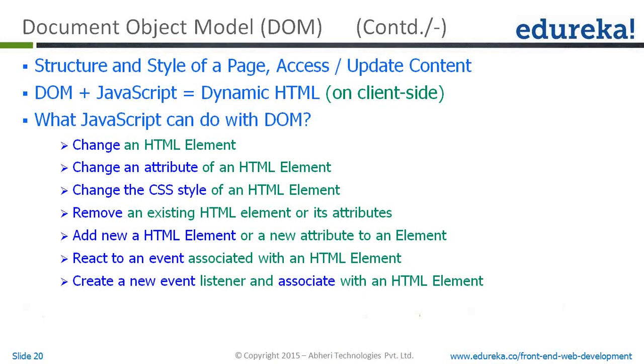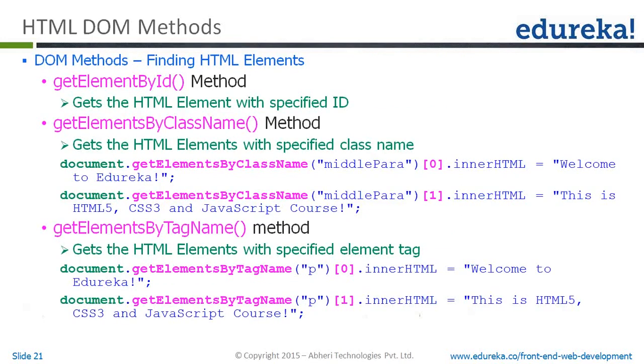Using JavaScript manipulation on the DOM elements, you can change an HTML element, change an element's attribute, change its style, remove it, add a new element, and if there's an event on that element, you can react to it, or you can create an associated new callback function for an event.